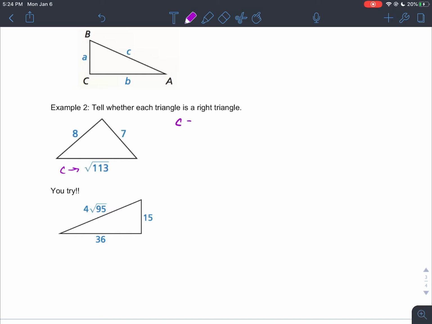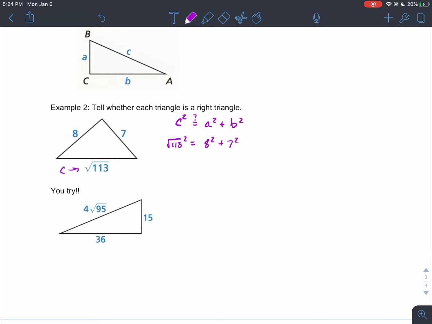So right now we're checking, is c squared equal to a squared plus b squared? So I'm going to put that little question mark. Are they equal? So c is the square root of 113. So the square root of 113 squared equals 8 squared plus 7 squared, a squared plus b squared.